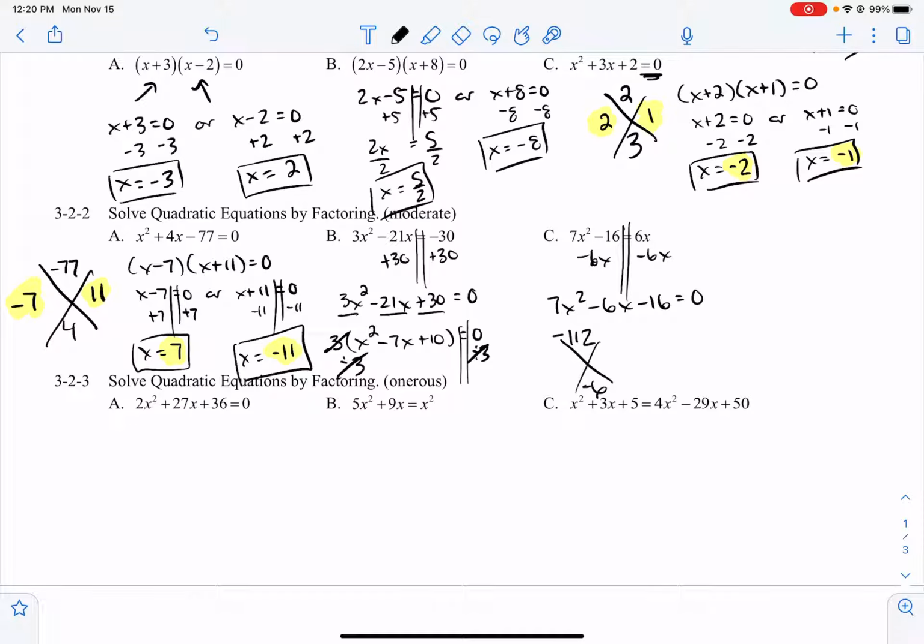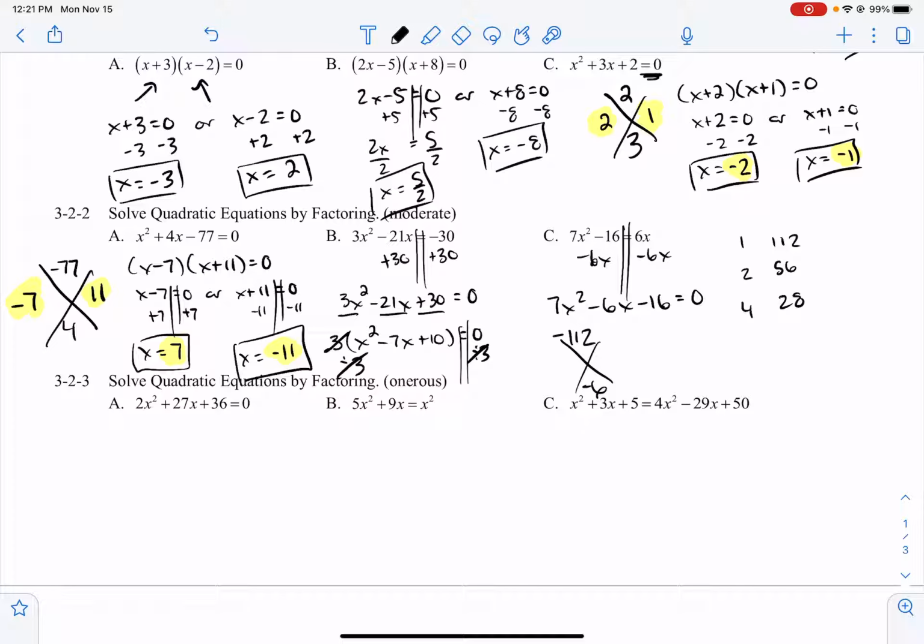So if I start my list, 1 and 112, 2 and 56, still too far apart, 3 and 34, no, 34 is not going to be big enough. I don't think 3 is going to work, so don't do 3. Erase 3. 4 and 28.